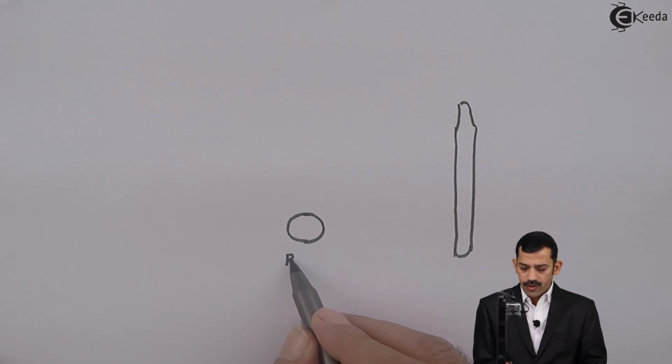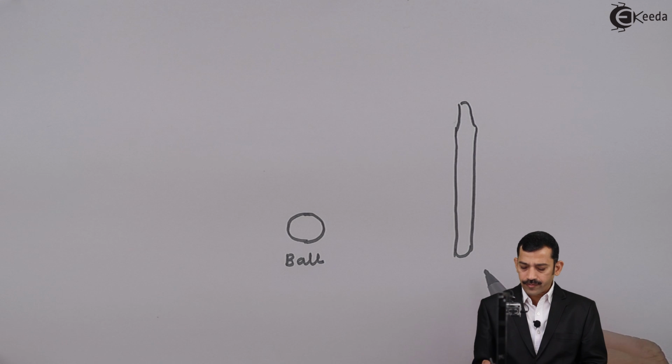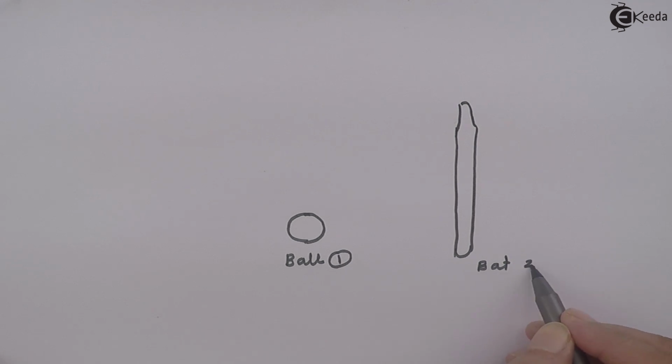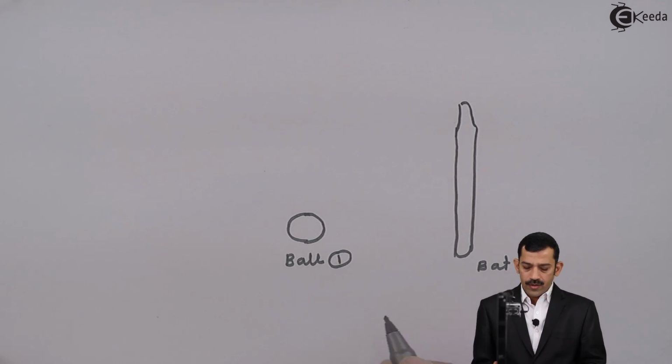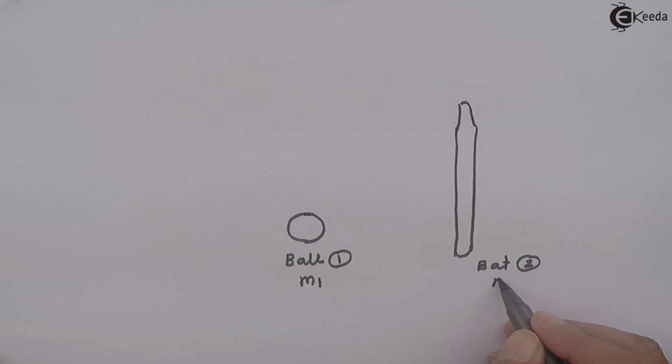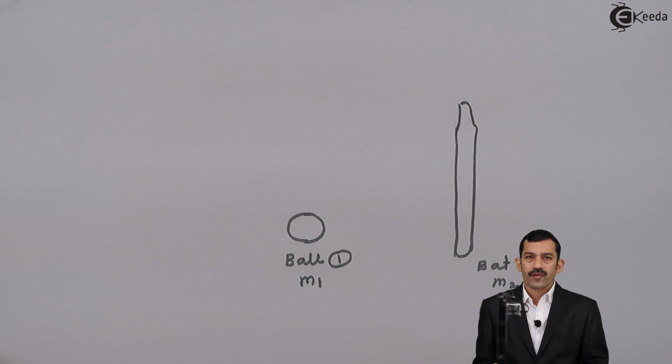Now this one is body 1, the ball. This one is the next body, the bat. Body 1 and body 2. This ball, body 1, has some mass m1. This bat, body 2, has some mass m2.